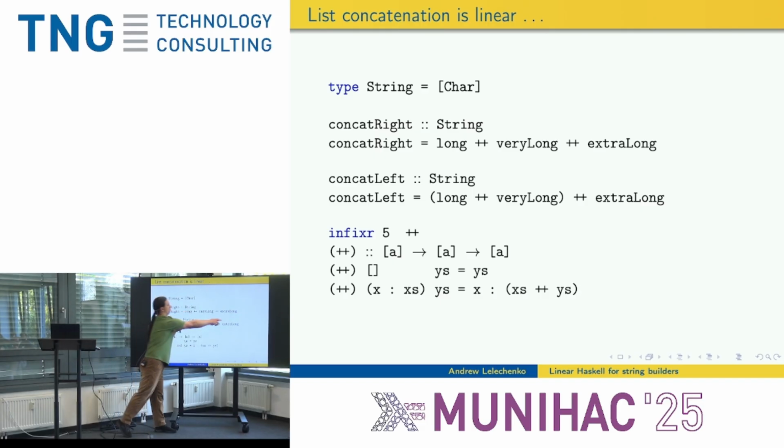But if you do it the other way, you first spend time concatenating long, and then you concatenate both long and very long, so that the length of the first string is accounted twice. That's why you want to concatenate to the right.